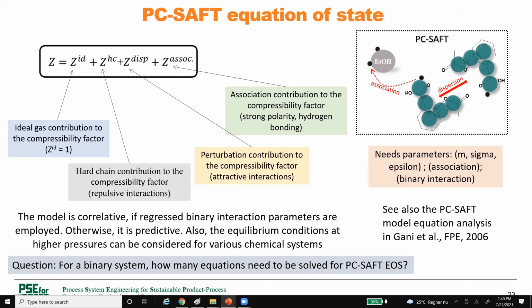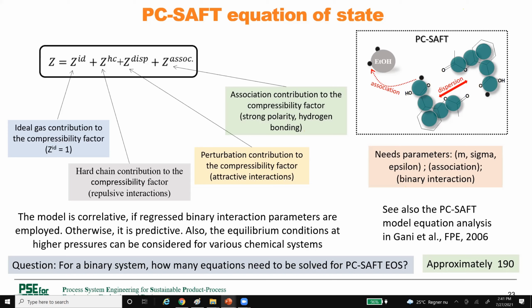So how many equations do we need to solve for PC-SAFT for a binary mixture? You will find out if you look at our paper, 190 equations. So compared to the cubic equation of state, which needed 29 equations for a binary mixture, this one needs 190.